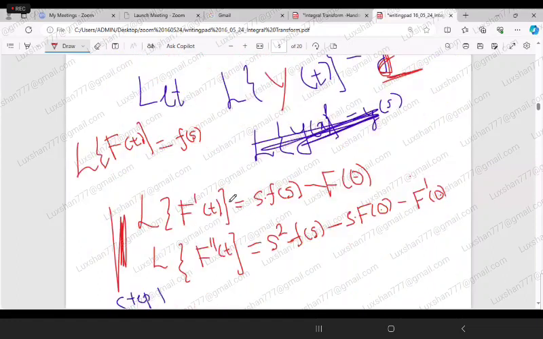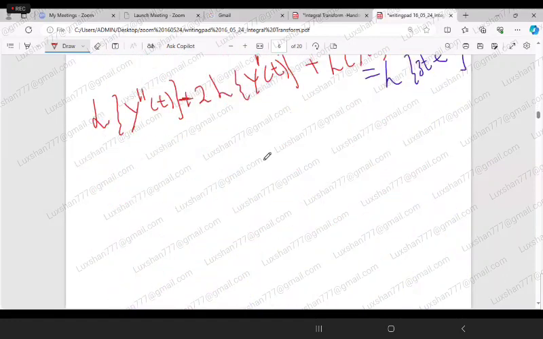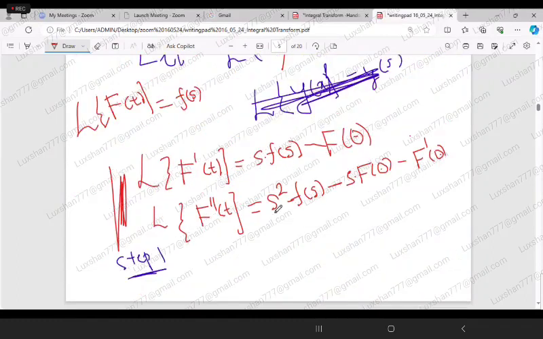Therefore, using this derivative property, you can write this as s squared into Y(s) minus s into capital Y(0), minus capital Y dash 0. Look here: S squared F(s) minus s into capital F(0) minus capital F dash 0. You have to carefully look at this one. Here it is F dash t: s into F(s) minus capital F(0).